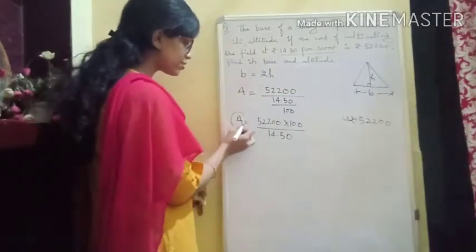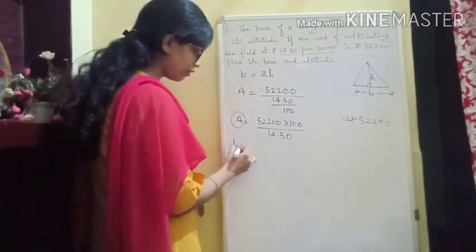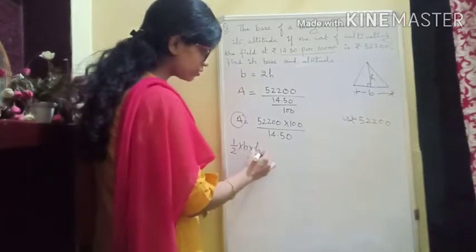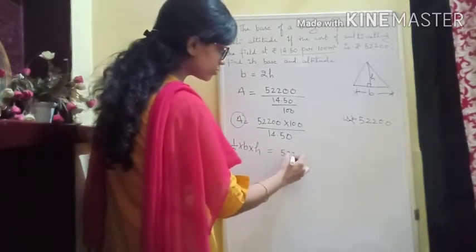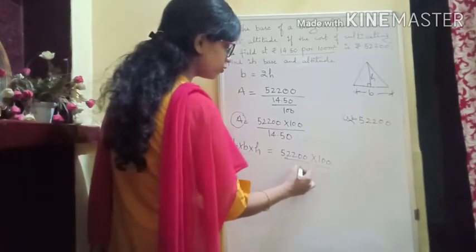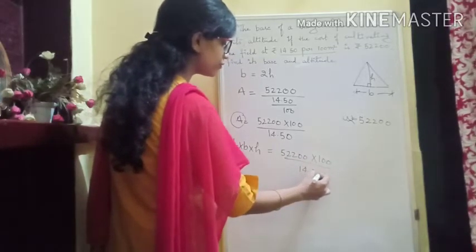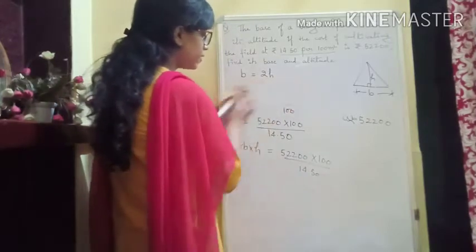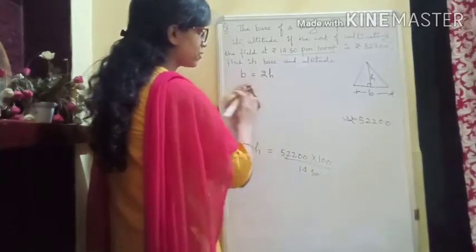So on the left hand side we apply half base into height, which is equal to 52200 into 100 over 14.50.